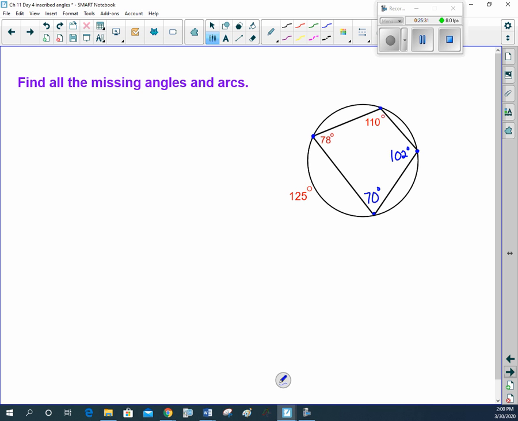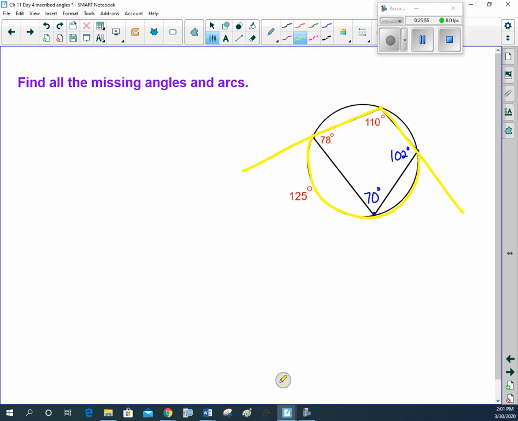Now all we have to do is find the missing arcs. So I think what I'm going to do is pick an angle that uses the 125 as part of its arc measure. So I think I'm going to look at this one right here, 110. So let's go ahead and draw that out long. Its inscribed angle and its intercepted arc are what's highlighted.